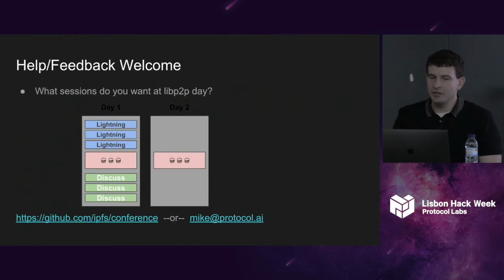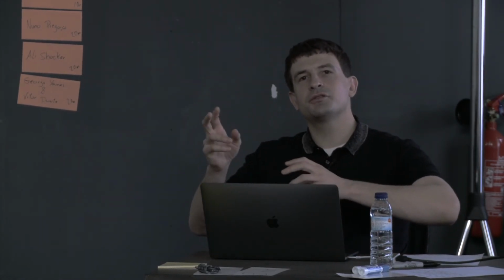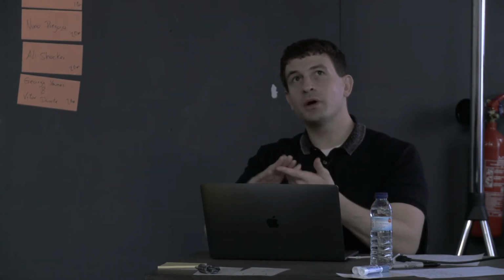The last thing I'll say is we're going to do a developers meeting in Berlin in July. I think most of you have heard about this by now. If you haven't, we're going to be doing 2 days of libp2p, July 12 and July 13, a Thursday and a Friday in Berlin.